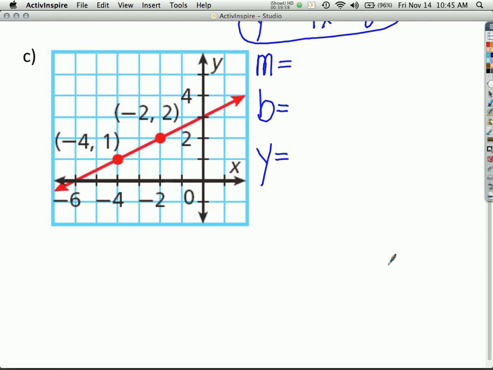So we got 2 different ways of doing it if you have a graph. You can do what Briante's team did, which was pretty smart. You've got 2 points, do the rise and do the run, and now count. This was up 1, that was over 2. Rise over run is 1 over 2. However, if you did the slope formula, that's just as effective.